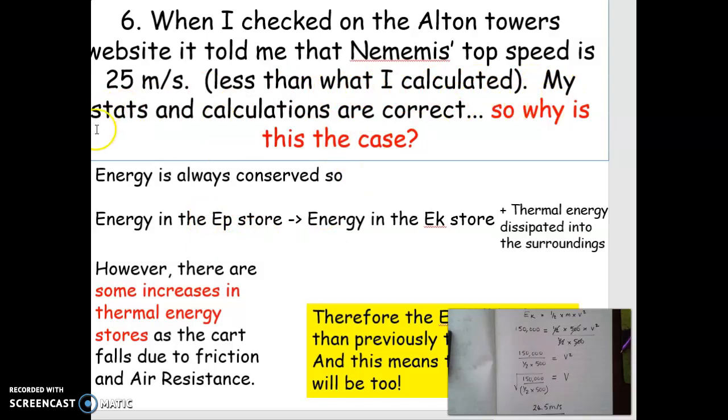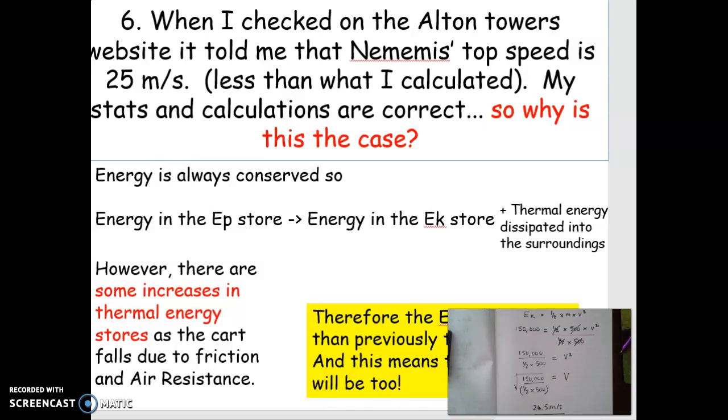So why is this the case? Energy in the EP store goes to energy in the EK store plus thermal energy dissipated into the surroundings. So there will be some increase in the thermal energy store, so the EK will be less than the maximum that could possibly be calculated. So velocity will be less too. You had to have done question 3 to make sense of that one.